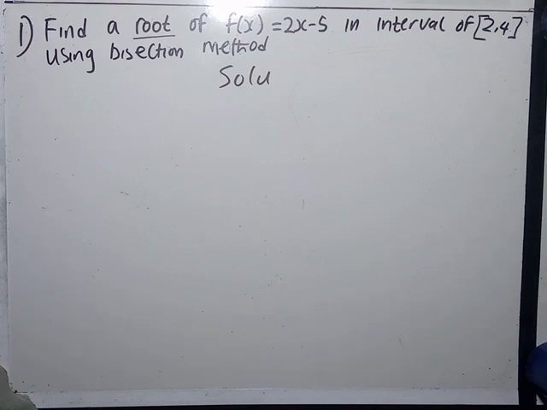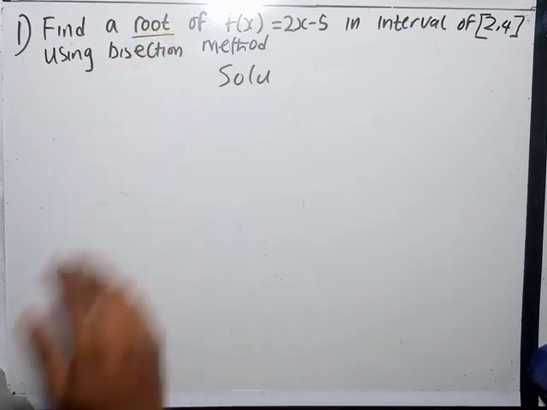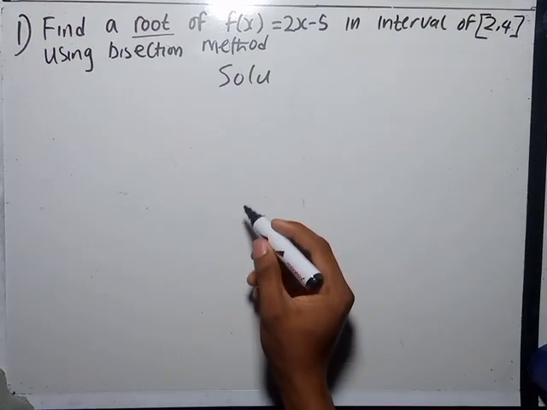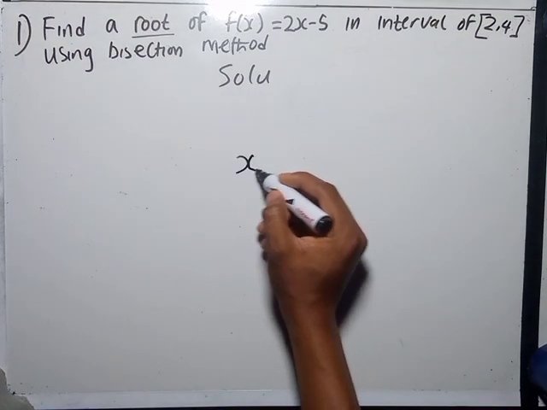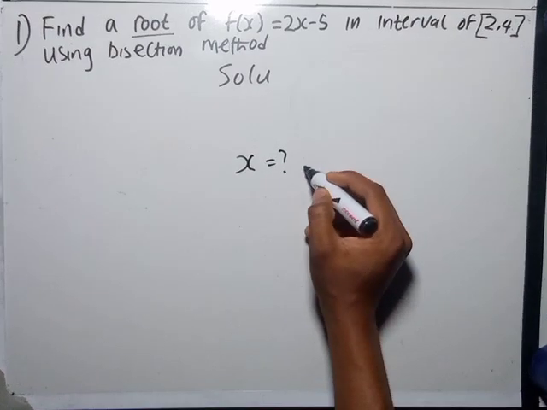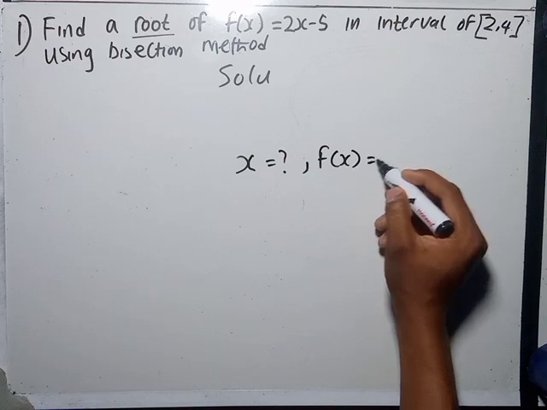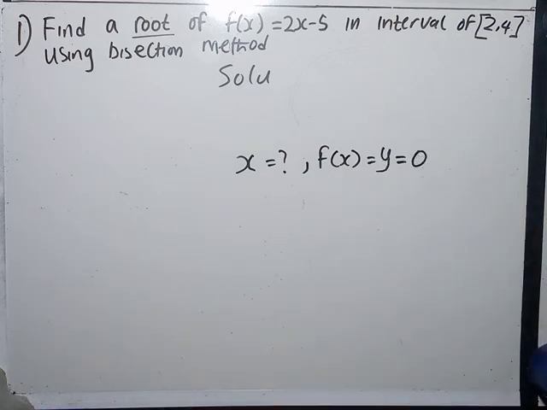Now, to better understand this question, we will first of all try to say the meaning of the word root. When we say roots in maths, we normally mean the value of x when f of x, which is something as your y, is equal to what? 0.